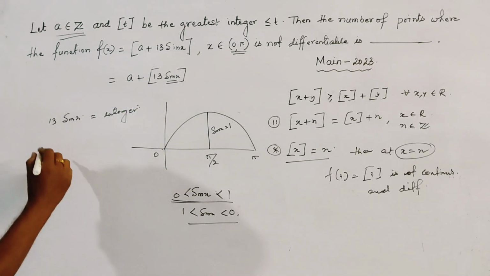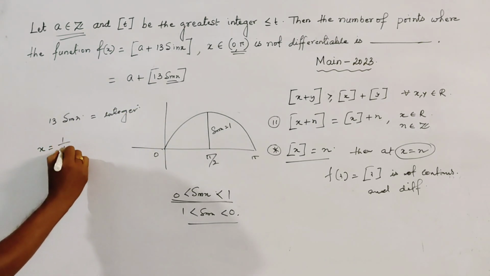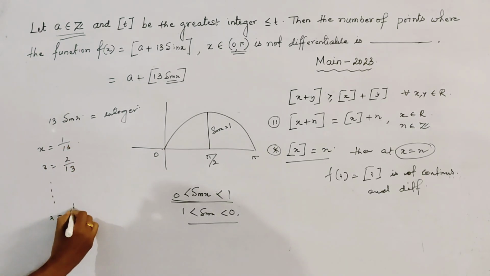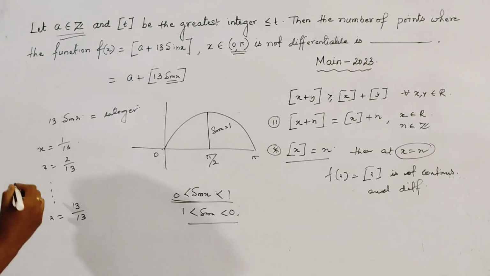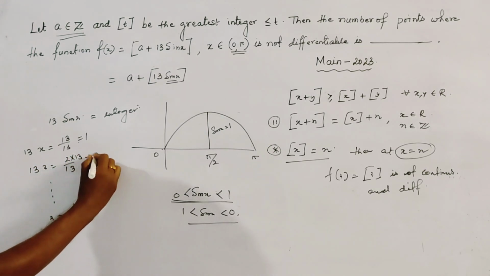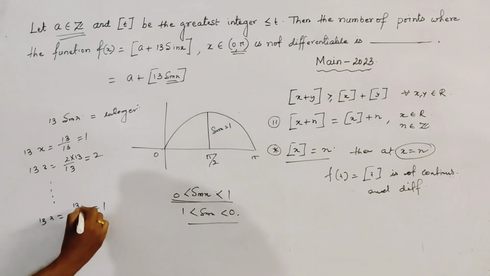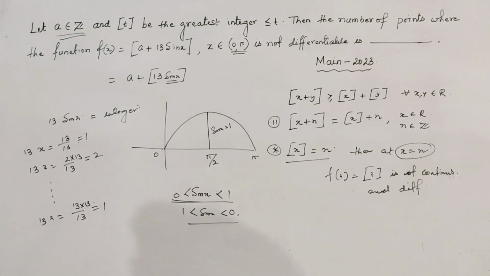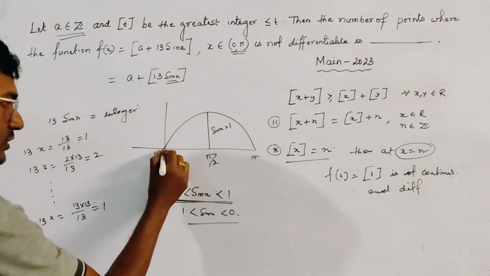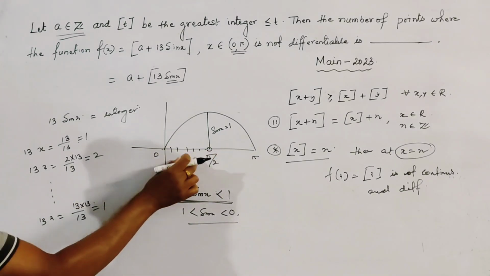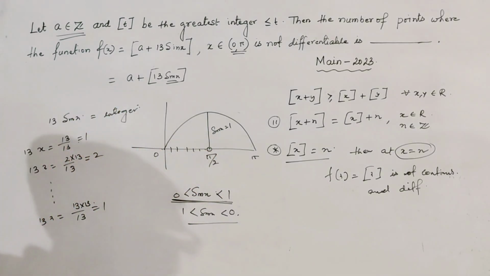It is clear that if sin x equals 1 by 13, 2 by 13, up to 13 by 13, then 13 sin x equals 1, 2, up to 13. So in the interval 0 to pi by 2 there are 13 such values, including this point, at which 13 sin x is an integer.